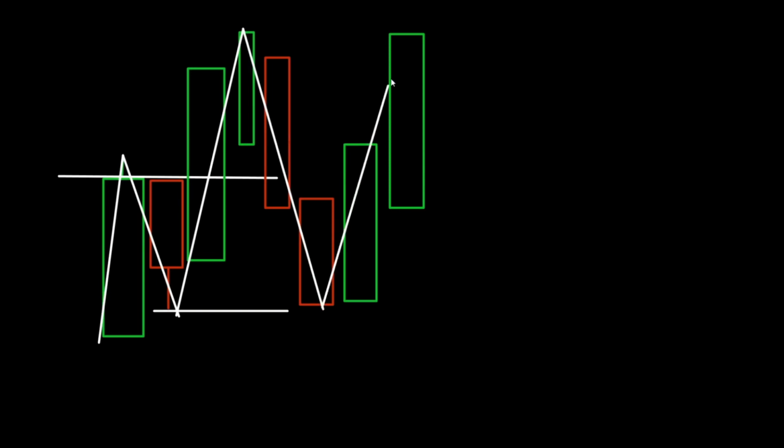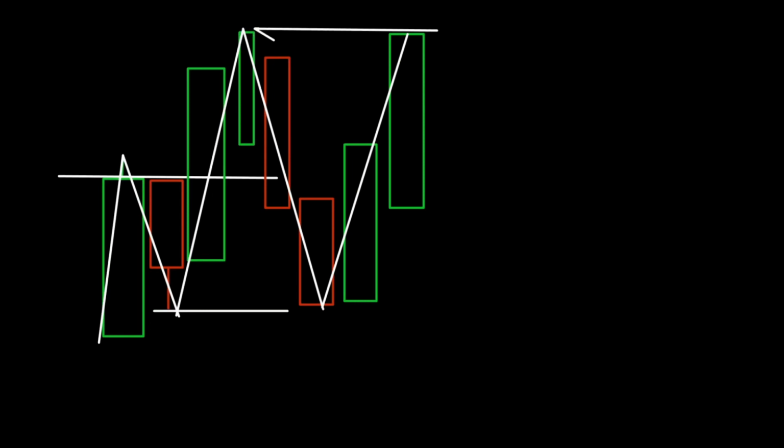We come up, we retrace, we come up some more, here's our high, then we retrace again, then we come up again to retest the previous high to see if buyers have enough strength to break through.